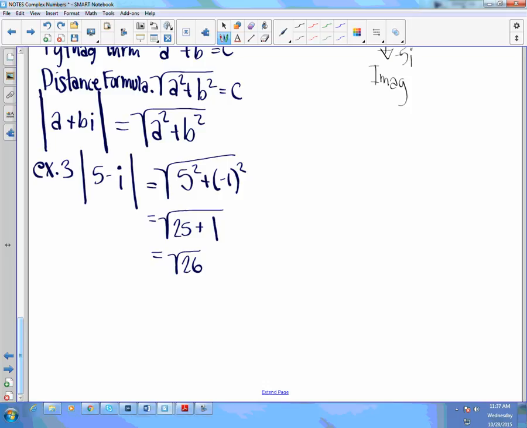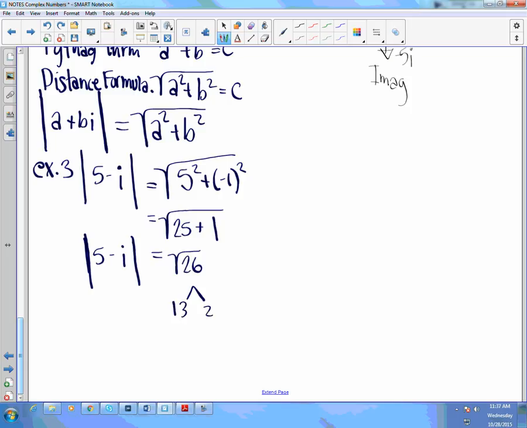Before you say that this is your answer, meaning the absolute value of 5 minus I, you have to check and see if it breaks down, which is the simplest form. So I think of two numbers that multiply to 26 to help us break down the square root. 13 times 2, okay? Does 13 break down further?